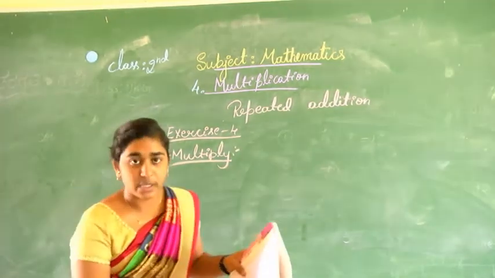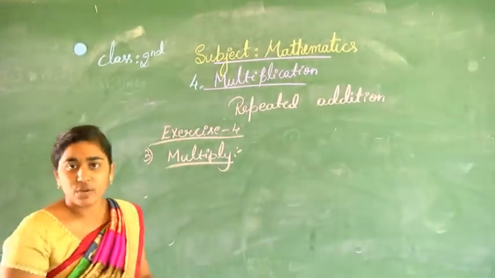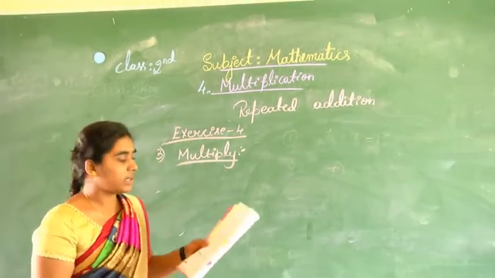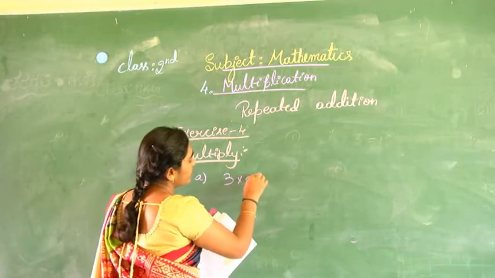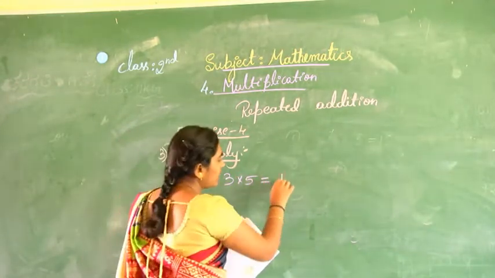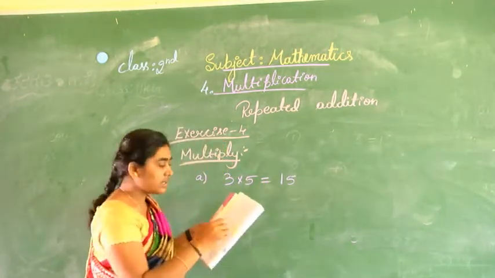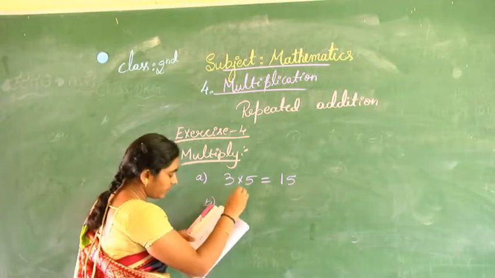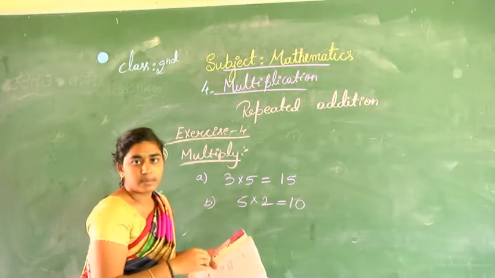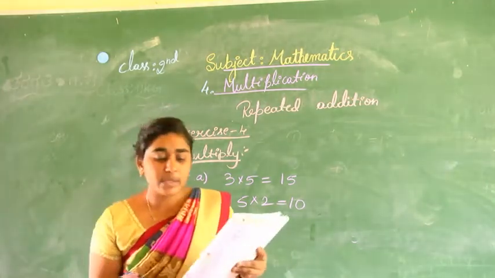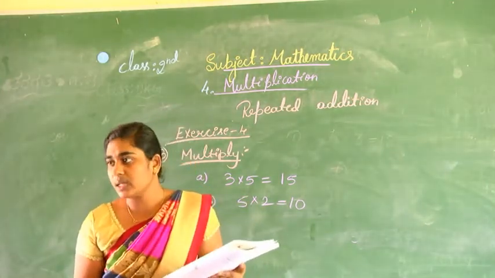How to multiply? If you know the tables, you can directly get the answer. The first one is 3 fives. How much is 3 fives? 3 fives is 15. And the second one we have is 5 twos. 5 twos is 10. Right? Learn the tables up to 10 and complete the third one.